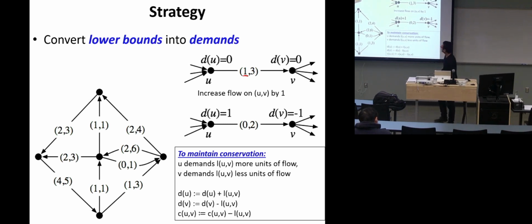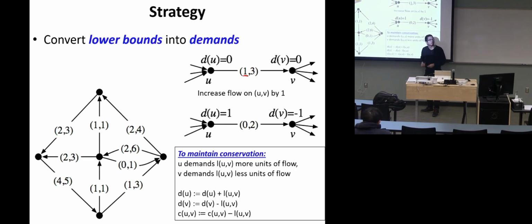Wait, the lower bound here is just on an edge. What I do is convert this lower bound to demand on two nodes here. And what you ask is, why do I increase and decrease the demand on both endpoints by the same amount? Is that your question?